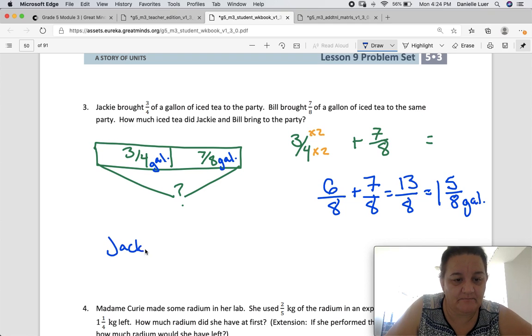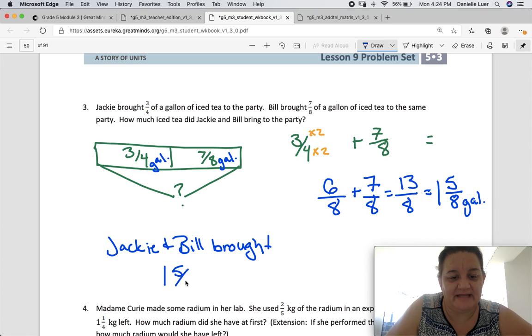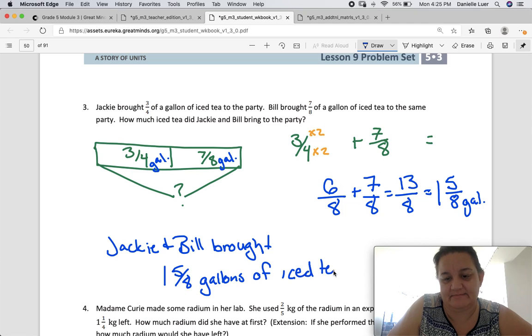Jackie and Bill brought 1 and 5/8 gallons of iced tea. I know you guys like Nestea. It's probably a Nestea.